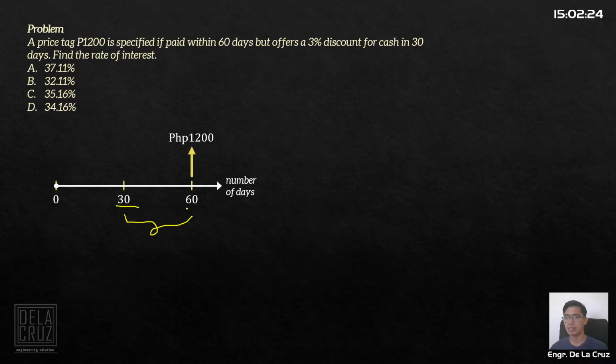From 30th to 60th days, yung time lapse here is still 30 days. So, the 3% discount is effective dito. So, from 1,200, tawagin ko yung F30. Yung F30 natin is 1,200 less 3%. Less 3% of 1,200.